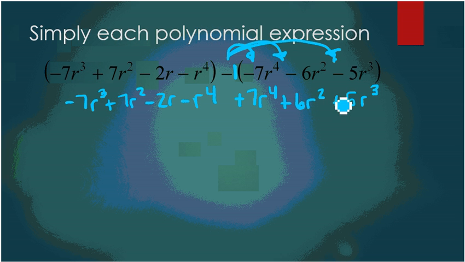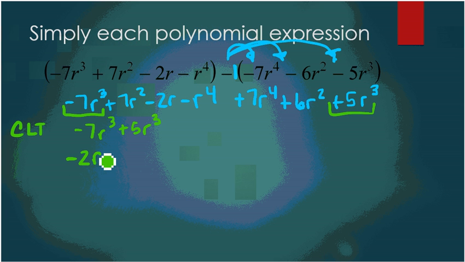And then we have all of those. Now we're going to combine like terms. Let's look. Is there another r cubed term? Not here. Oh, right there. So we take minus 7r cubed plus 5r cubed, which is minus 2r cubed.